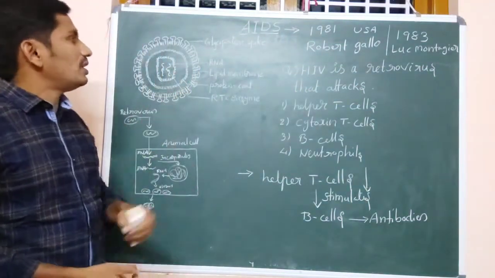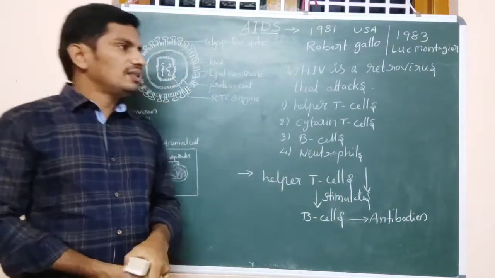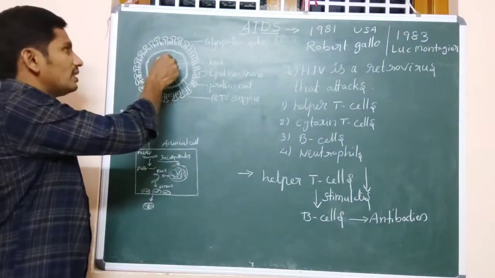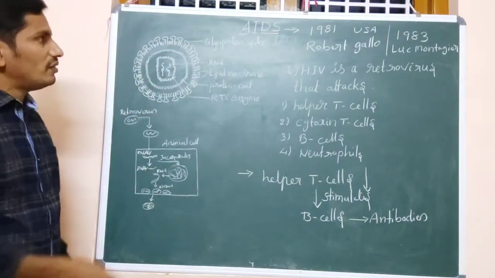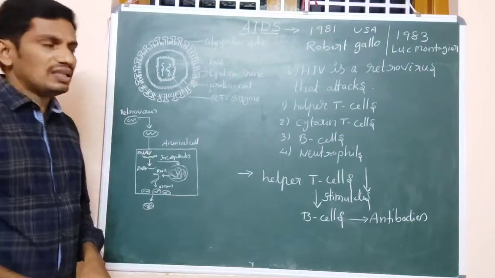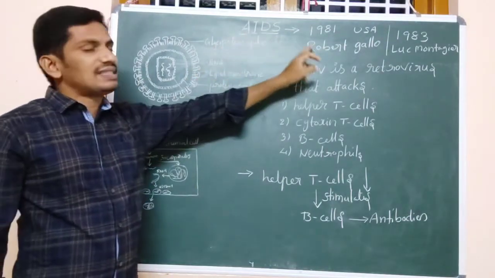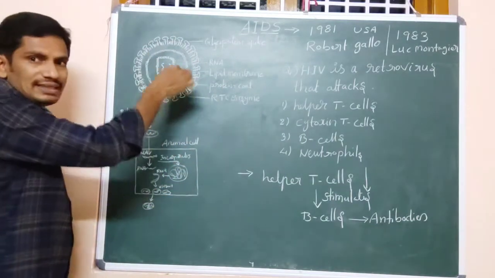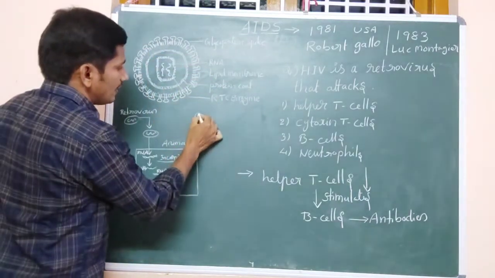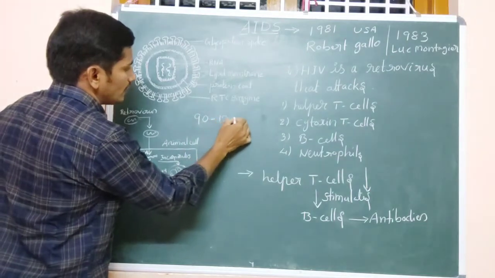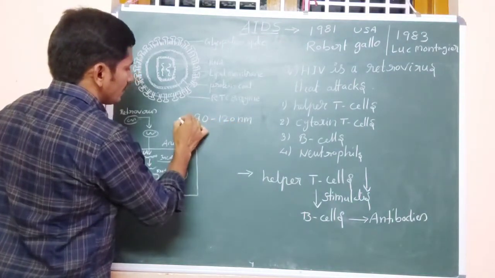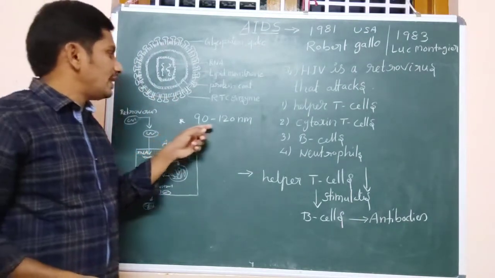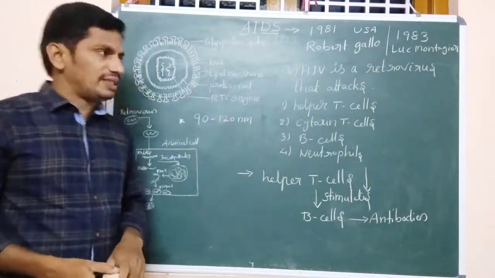Now we are going to learn about the HIV structure. See here, this is the HIV structure. HIV, the human immunodeficiency virus, causes the AIDS disease. The HIV virus is spherical in shape with a diameter of 90 to 120 nanometers.